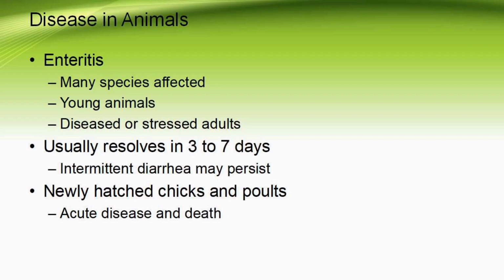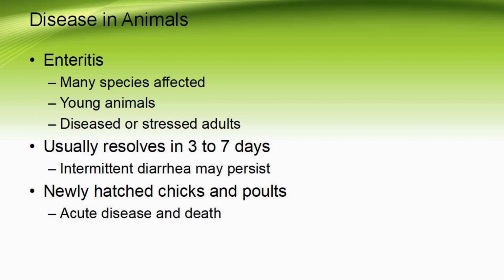Campylobacter jejuni and occasionally Campylobacter coli can cause enteritis in dogs, cats, cows, sheep, mink, ferrets, poultry, and some species of laboratory animals. Enteritis is more common in young animals, but stress or concurrent disease increase the risk of the disease in adults.